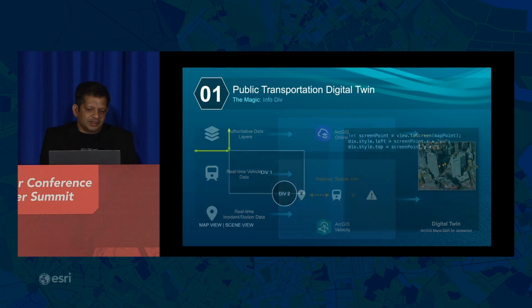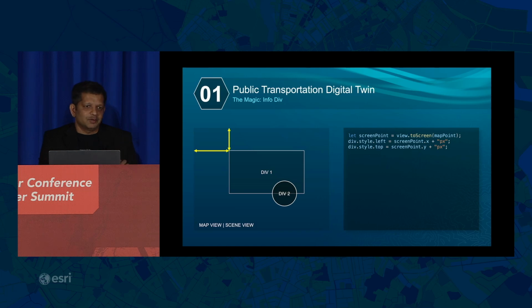But in terms of the tricks, there's one simple trick, which if you're not doing this, you're going to kick yourself because it's so simple. Both our map view and scene view have a toScreen method. So you can take any location on the map and convert it to a screen location, in pixels. So essentially, when you see those divs transitioning in 3D, it's basically a div on top of the map, and I'm converting the map location to a screen location, and I position the div over there.